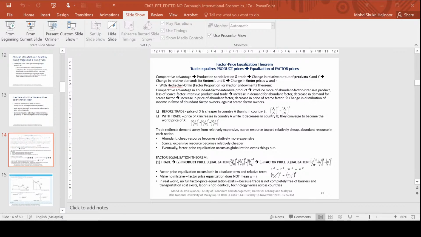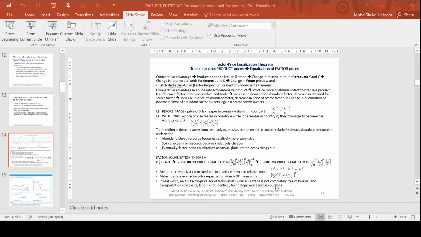Factor price equalization occurs both in absolute terms and relative terms. Absolute term is like this: R in country A will be equal to R in country B, equal to RW, R in the world.